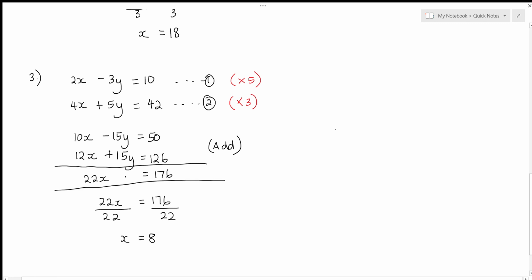Now, so we found x, we need to find y. I'm going to take equation 1, and wherever I see x, I'm going to substitute in 8. So it is 2 times 8 minus 3y equal to 10.